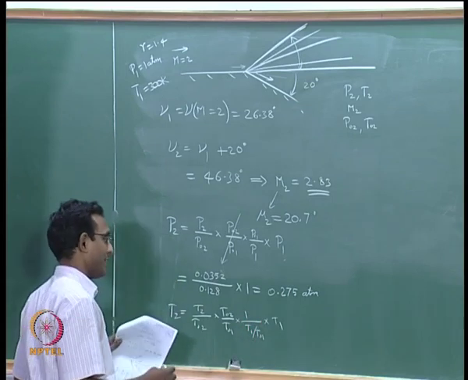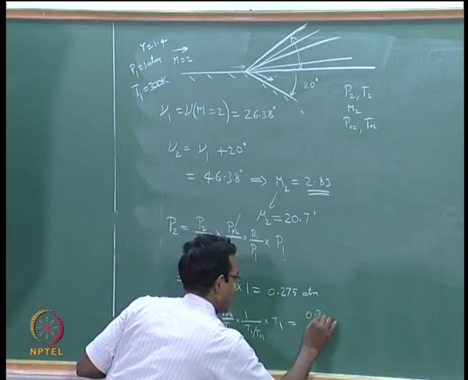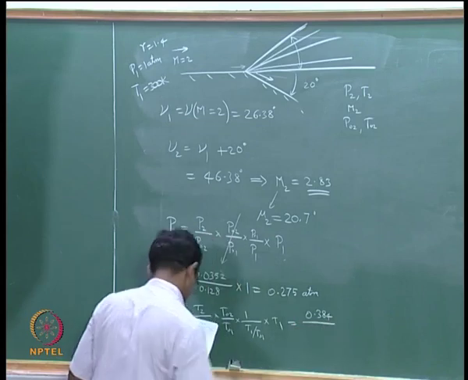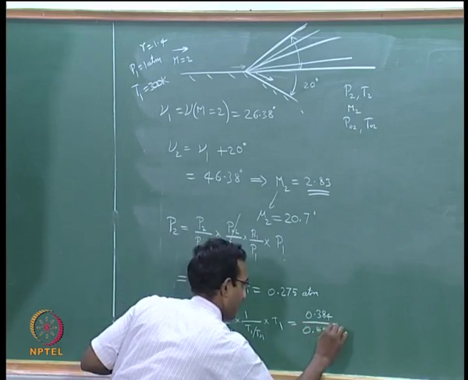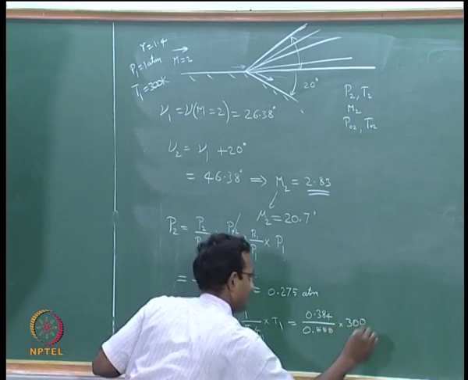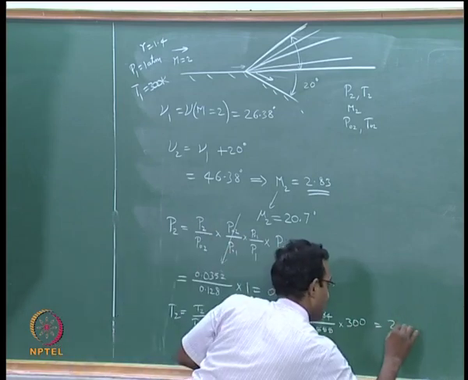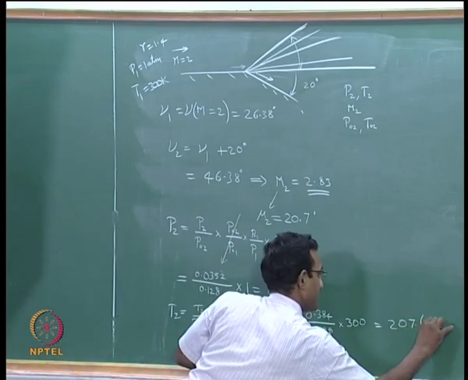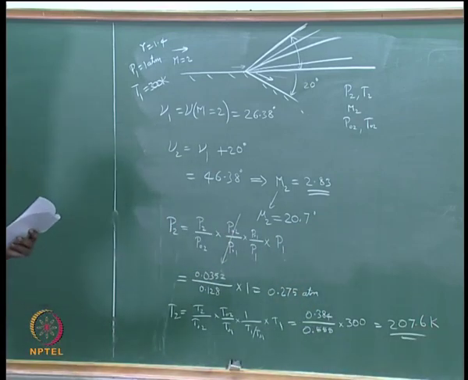This is a nice way of writing it, and I find this to be 0.384 divided by 0.555 multiplied by 300 Kelvin, and that answer happens to be 207.6 Kelvin. Okay. That is what I have there.